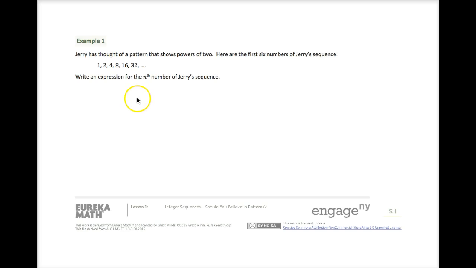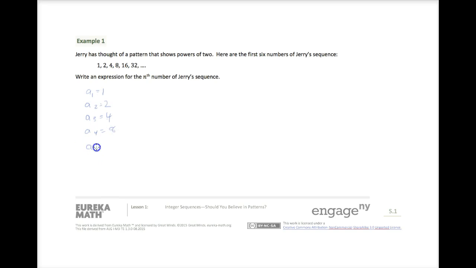In the last example, we saw numbers being added by 2, but Jerry thought of a pattern that shows powers of 2: 1, 2, times 2, times 2, times 2, times 2. It says write an expression for the nth term of Jerry's sequence. Well, let's do a little bit of thinking about what we're looking at here. A sub 1, his first term, is 1. His second term is 2. The third term is 4, the fourth term is 8.